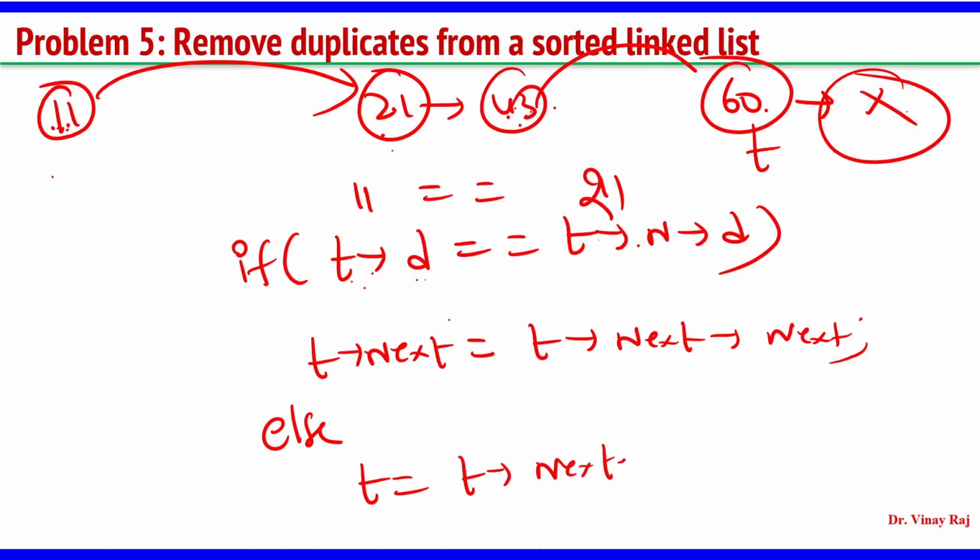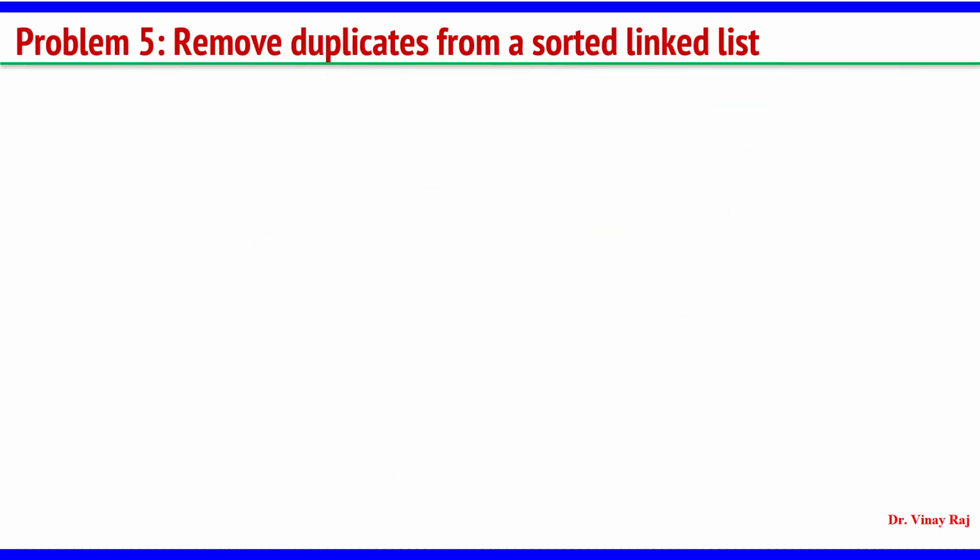Right. So this is also one very important classical problem in linked list. My point here is that you should be able to give a solution for a problem on paper.